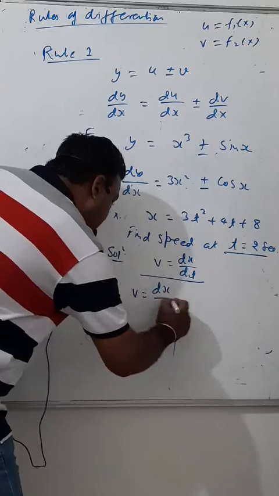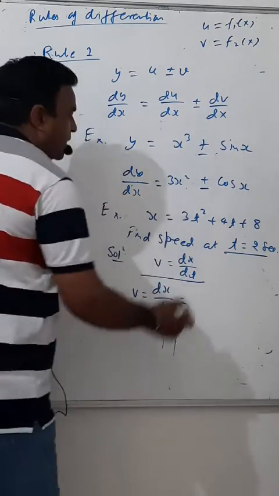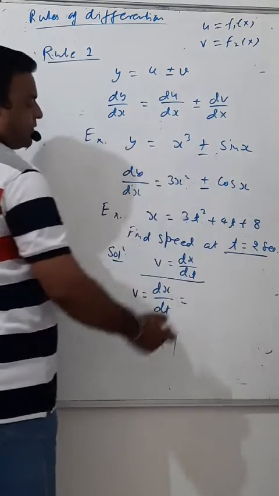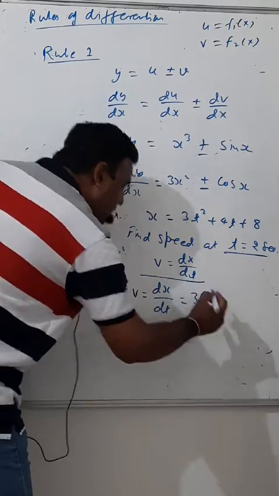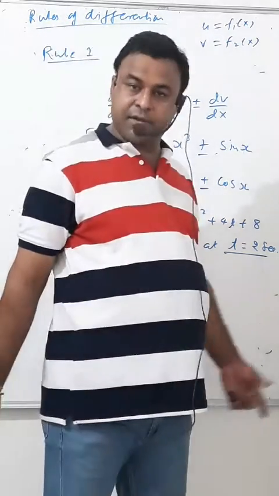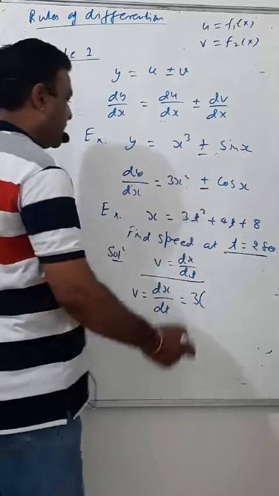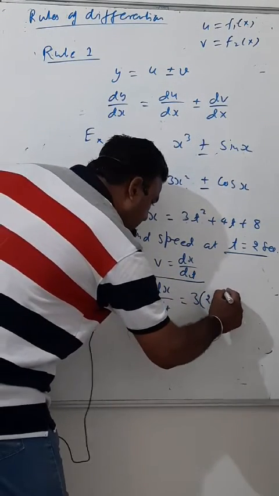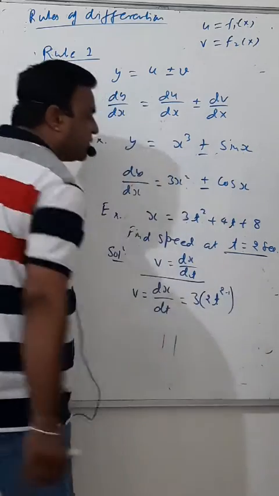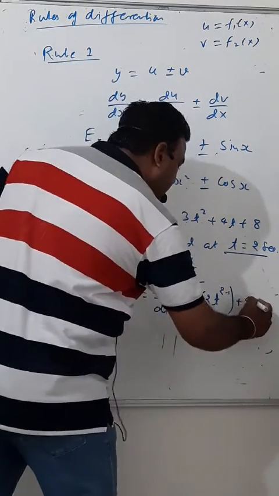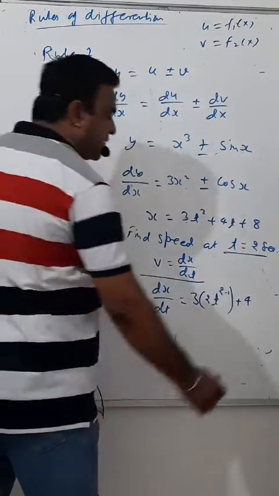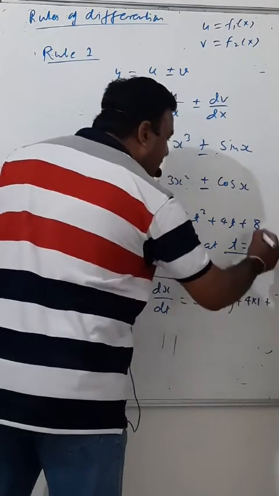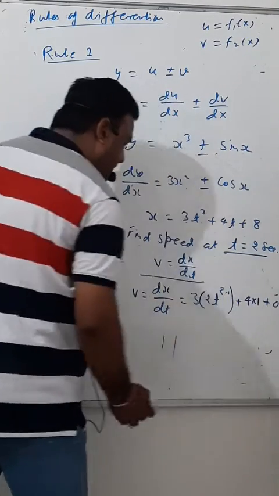Now differentiate it. v is equal to dx upon dt. 3t square: differentiation, 3 as it is. I told you ax^n, a remains in its place. t raised to 2 gives 2t^(2-1), plus 4 as it is. Differentiation of t is 1, differentiation of 8 is 0.